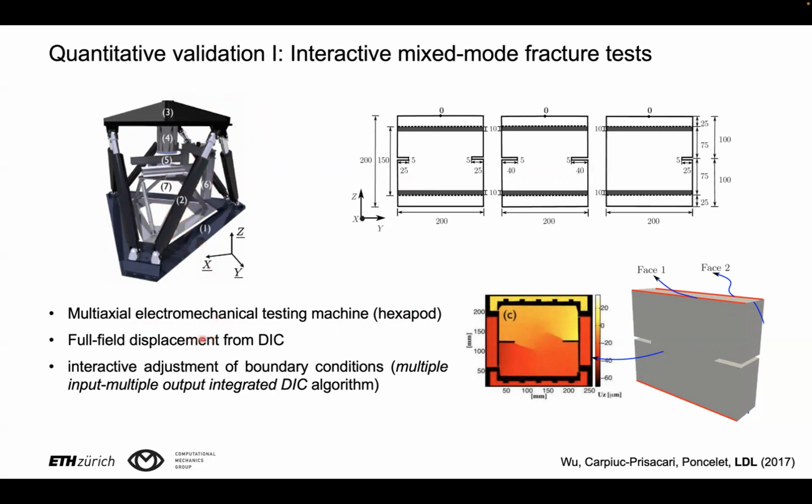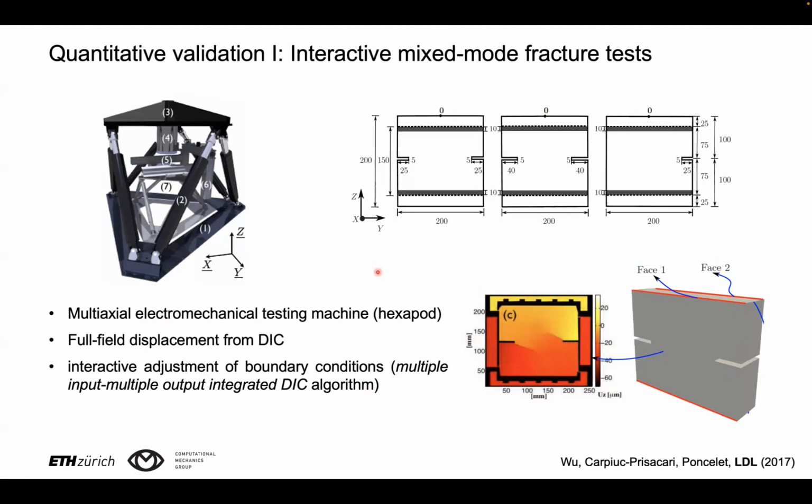independently from each other. And since they also have the possibility of full field displacement measurements using digital image correlation, they could even use these DIC results as drivers to adjust the application of the loads. So they developed an algorithm which they called multiple input, multiple output integrated DIC that was able to control loading in such a way as to apply a very complex loading history.